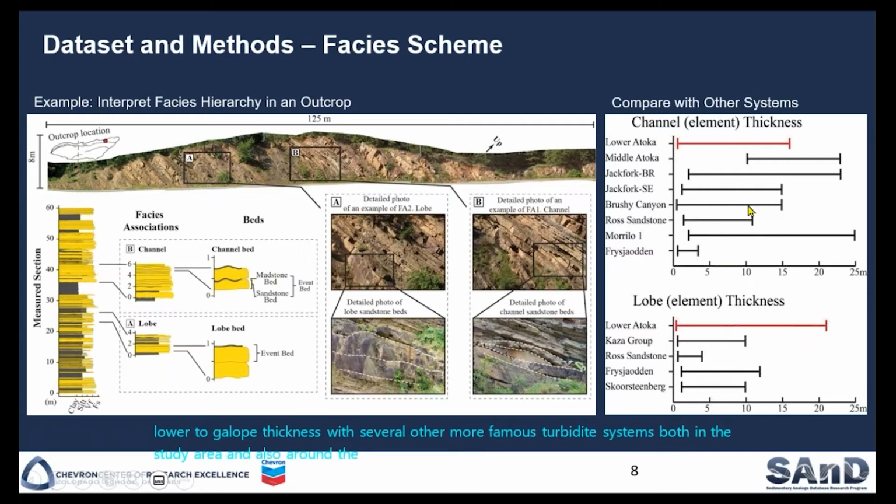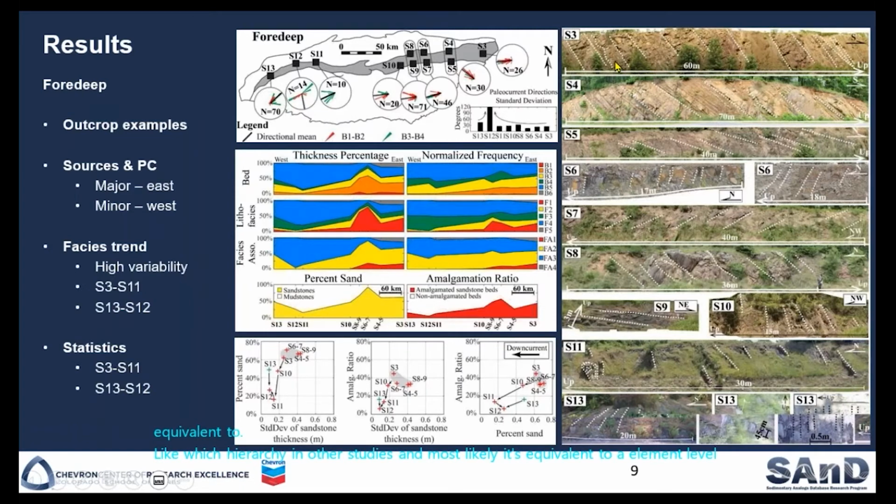The purpose for this is to first see if our definitions are reasonable and consistent with other studies, and also to check what the so-defined channels and lobes in the lower Atoka are equivalent to in terms of hierarchy in other studies, and most likely it's equivalent to the element level. Okay, now let's take a look at the results.